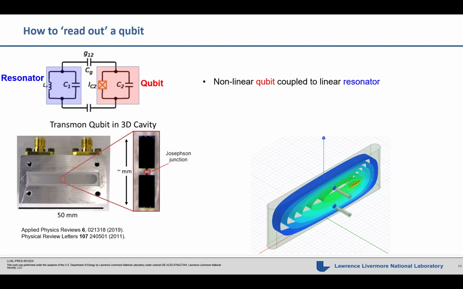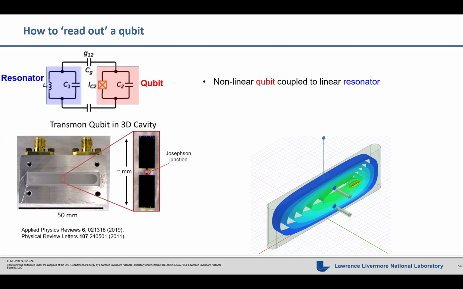My qubit is capacitively coupled to a readout resonator. There's a few reasons for this. One of them is to block the environment from affecting my qubit, but one of them is also so that I can actually read out my qubit without completely destroying the state.